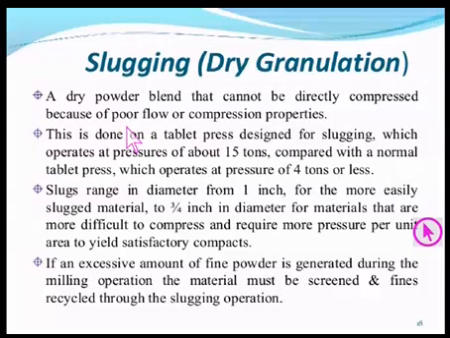Here the dry powder blend cannot be directly compressed because of poor flow or compression properties. The dry blend of the powders, that means the active ingredient plus the other excipients, may not have the requisite compressibility, and that's why we use a liquid binder in order to increase its compressibility.